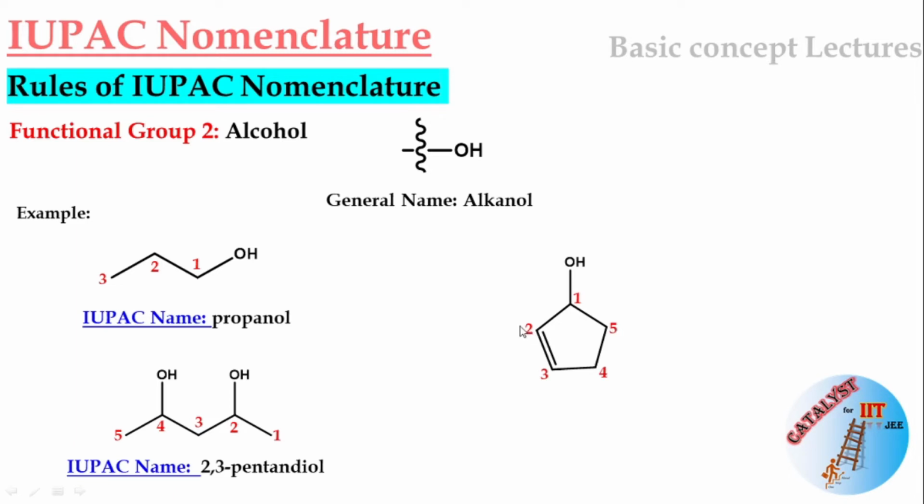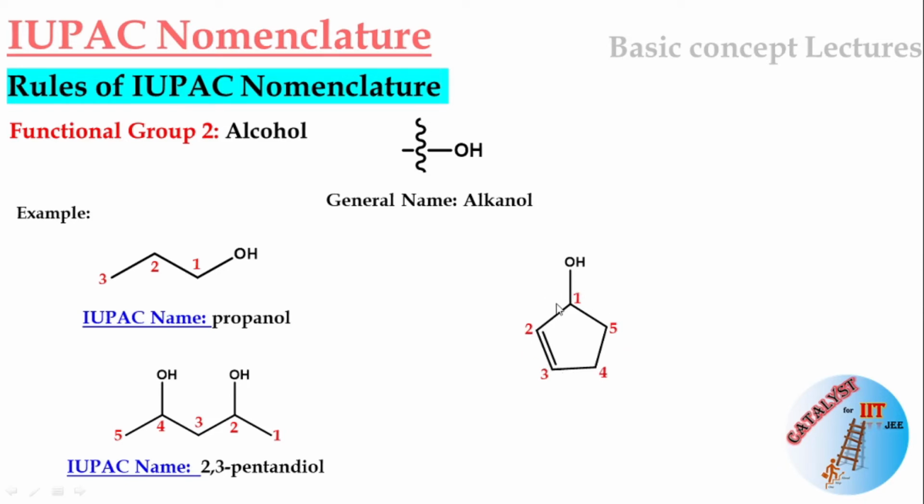Now you can also ask a question, why shouldn't I start from this end or else this end? But according to the priority rule, if you go back and see that table, alcohol comes first, then your alkene. So you have to give the first position to the alcohol functional group rather than to the alkene functional group.